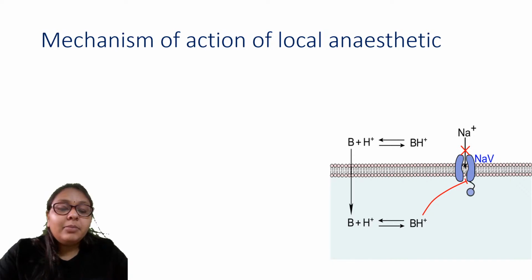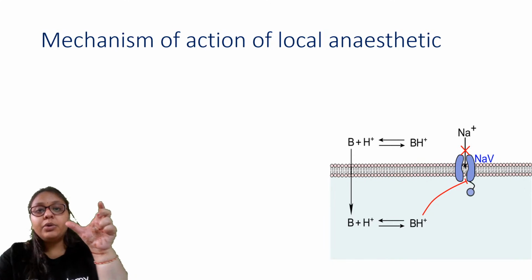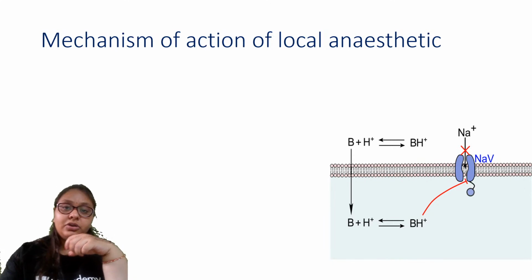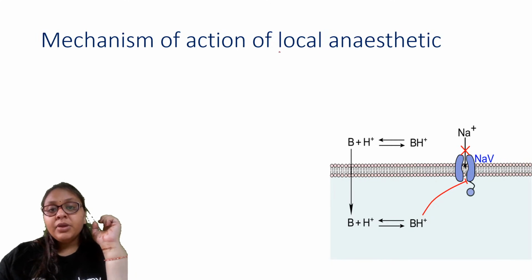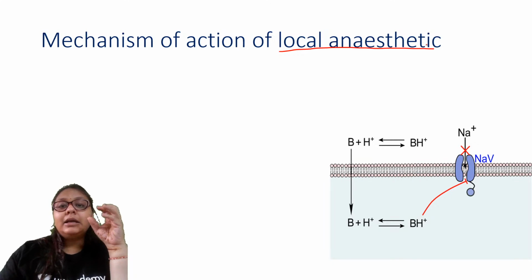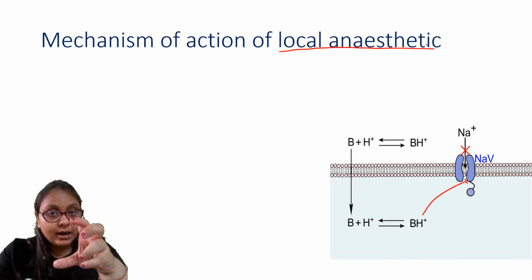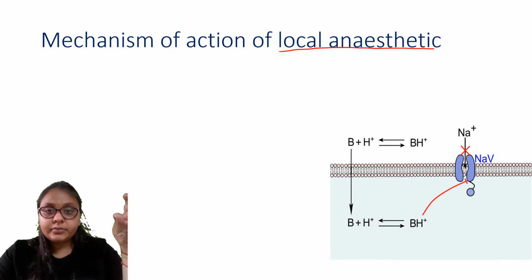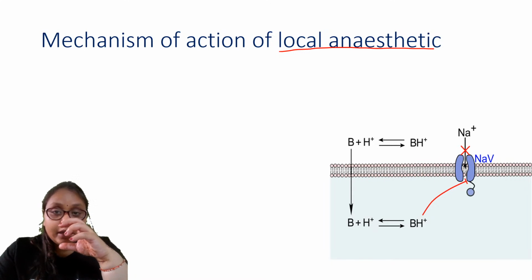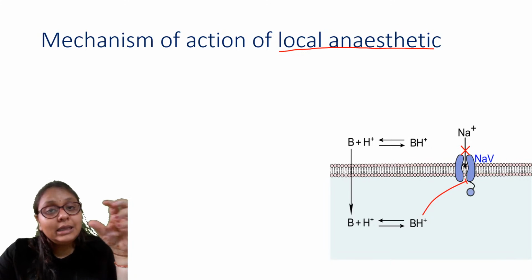So first of all, coming to the local anesthetics. What is the mechanism of action of the local anesthetics? Many questions are asked from this topic also. First of all, what is a local anesthetic? A local anesthetic is a drug which, when infiltrated around the nerve supplying a particular area, anesthetizes only that nerve.